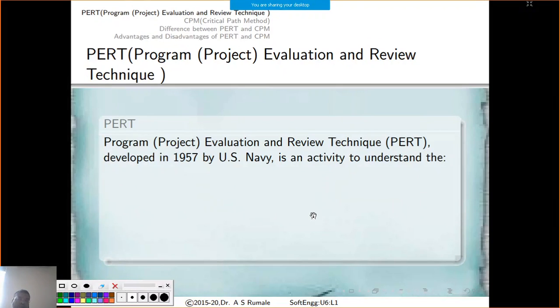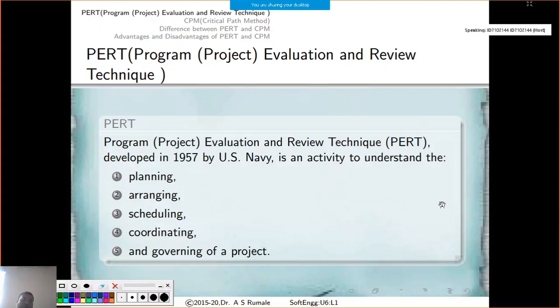So program or project evaluation and review technique, PERT, as I told you, was developed in 1957 by the US Navy. It is an activity to understand the following things. First is planning. Second is arranging: once you plan everything, you need to arrange the data according to the plan. Then scheduling, coordinating, and governing or monitoring everything of the project or program.